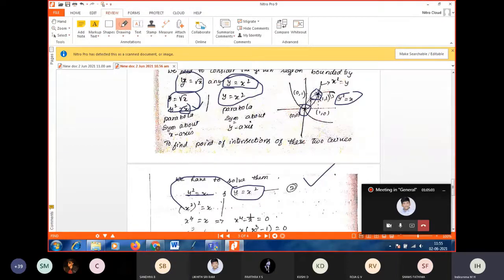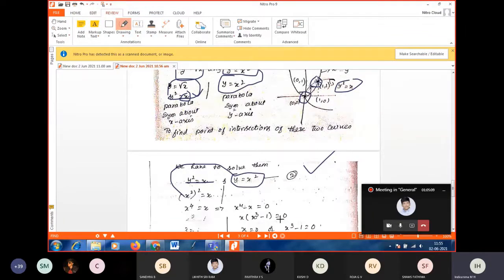Take x to the LHS: x power 4 minus x equal to 0. Take x common: x into x cube minus 1 equal to 0. If a into b equal to 0, either a equal to 0 or b equal to 0. So x equal to 0 or x cube minus 1 equal to 0. X equal to 0, I got one point.